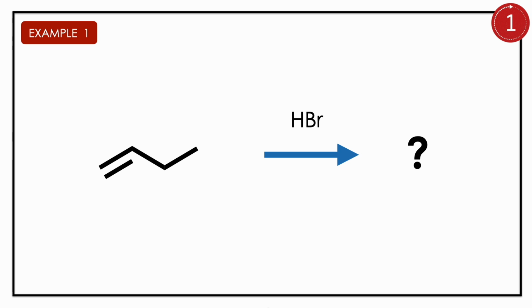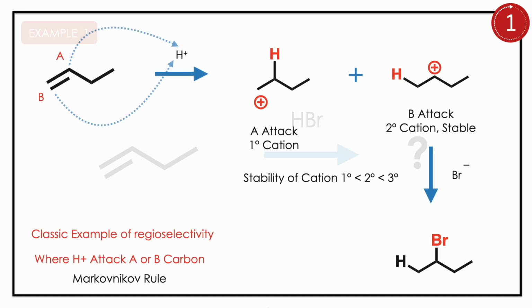The first example is very simple and obvious. Here you have 1-butene with HBr. You have to find what the product could be. Here you have two carbons where the nucleophile can attack. Whether A or B is attacked, you will have a final product. But A carbon attack leads to a primary cation, and B attack leads to a secondary cation.